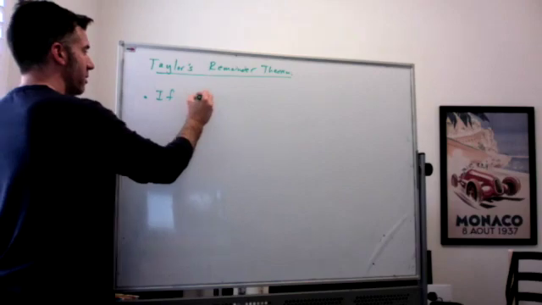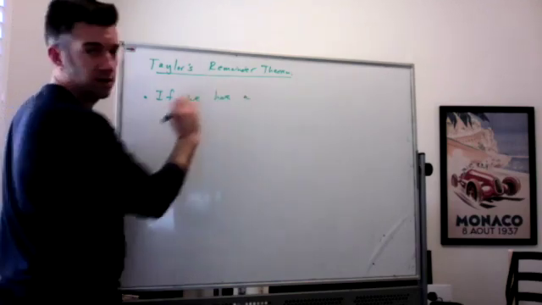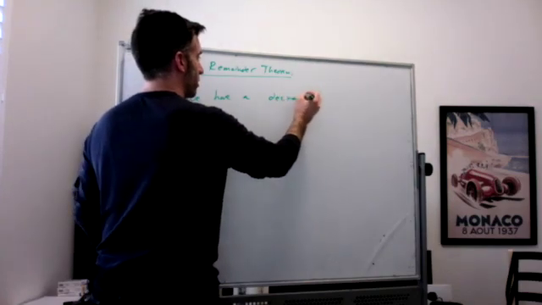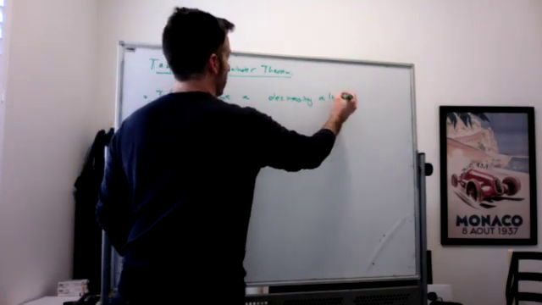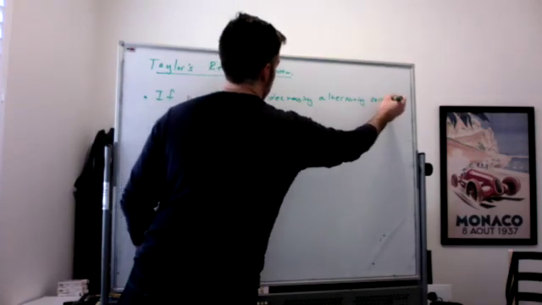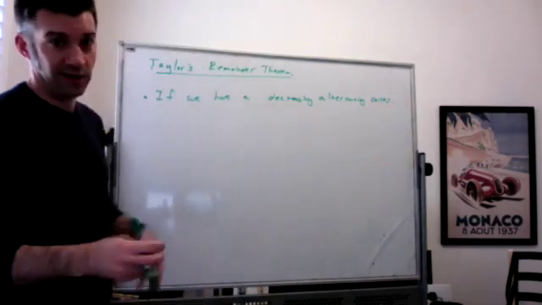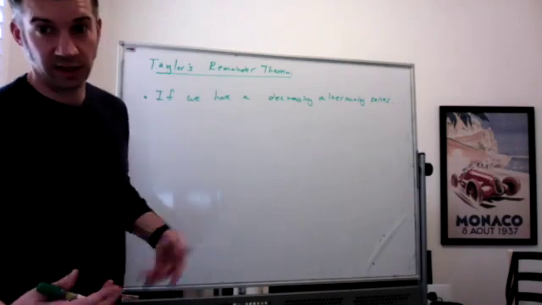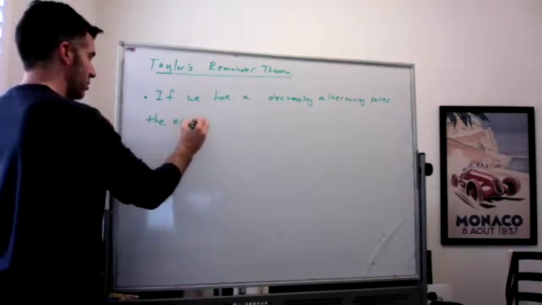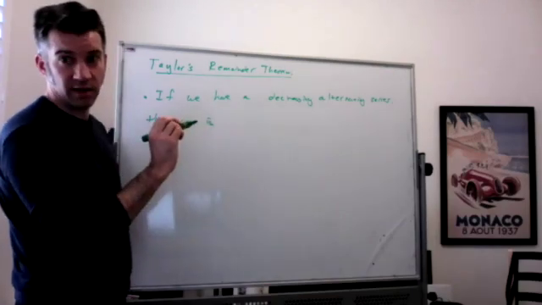If we have a decreasing alternating series, the one that converges by the alternating series test, the error is always bounded by the next term.